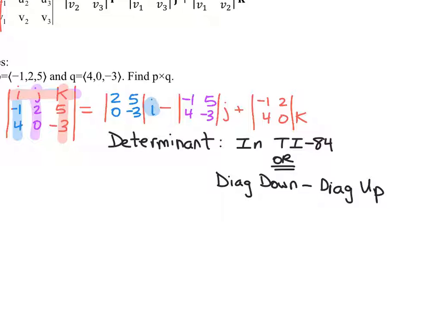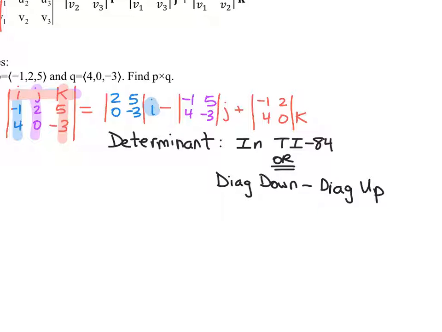What I mean by diagonal down is multiply, starting from the upper left and going to the right, the diagonal going downward, multiply those two values, and subtract from that the result from when you multiply the diagonals going up. For anything other than a 2x2 matrix, that process won't work. But if I'm looking for the cross product between two vectors in free space, it'll always be a set of 2x2 matrices, so this technique will work.